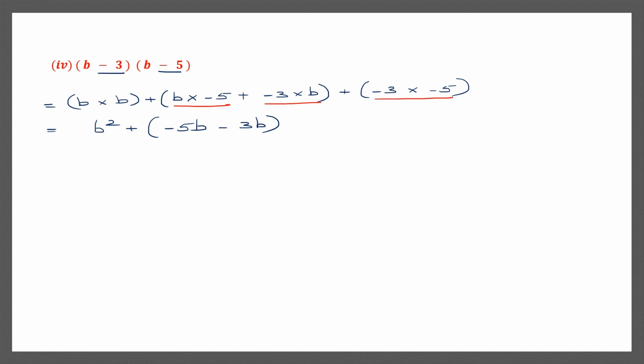Minus 3 into minus 5 is minus into minus is plus, 3 5s are 15. Now let's see finally what we have. We have b square. Then here we have minus 5b minus 3b. Minus 5 minus 3 is minus 8. Minus 8b plus 15. So this is our answer, b square minus 8b plus 15.